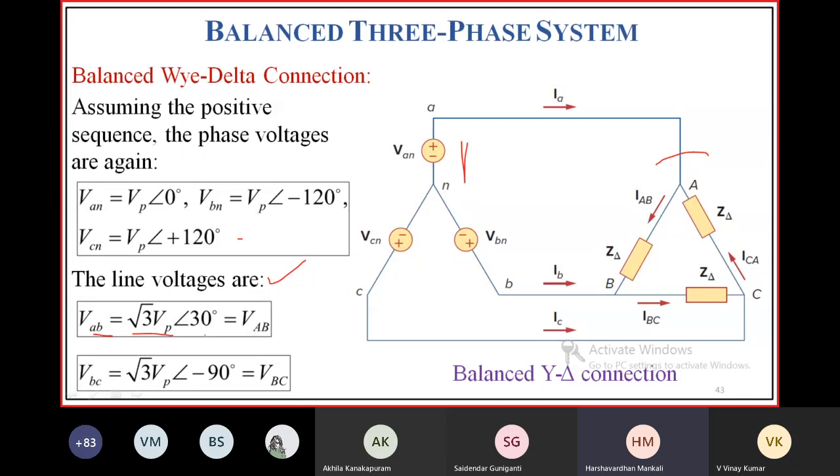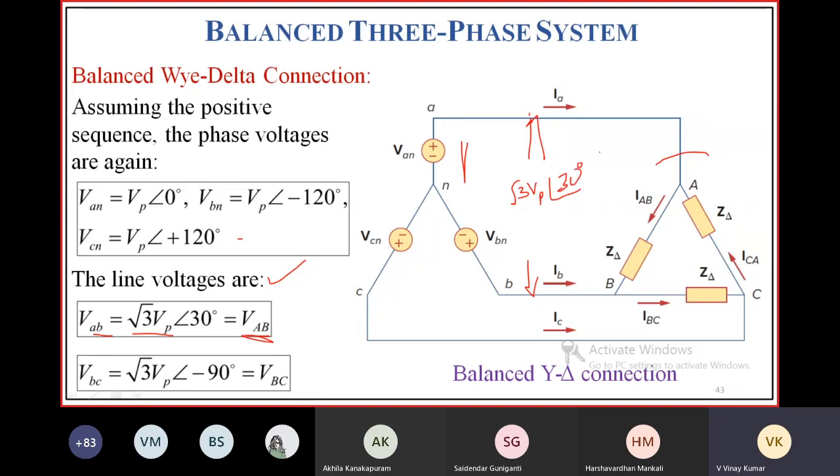Which is equal to line voltage V_AB. So the voltage at this point with respect to this point is root 3 V_p at an angle 30 degrees.